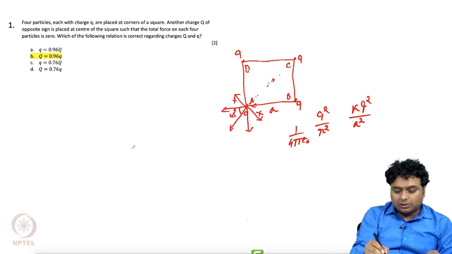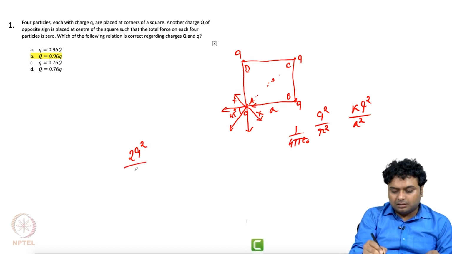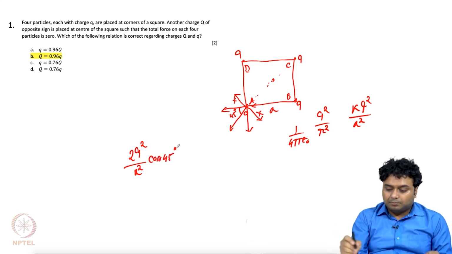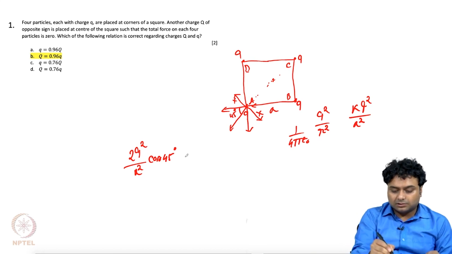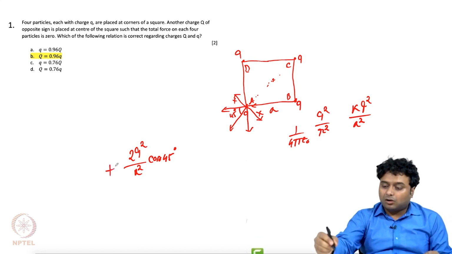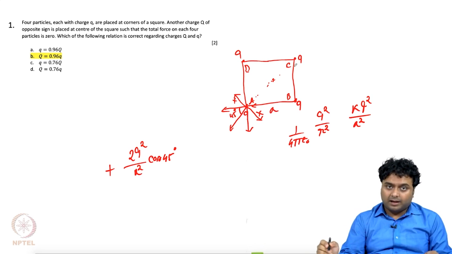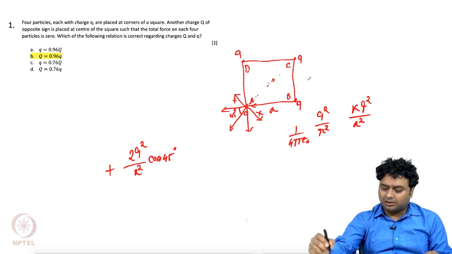So the total repulsive force is equal to 2 k q square by A square cos 45 degree, plus also the repulsion due to C, right. If each arm is A, then the diagonal will be A root 2, because it is the square root of A square plus A square.